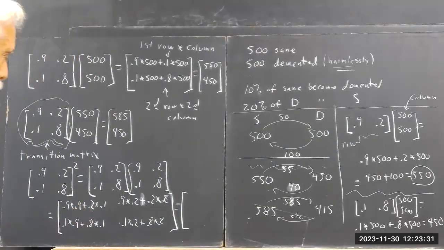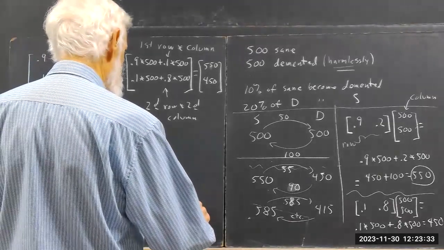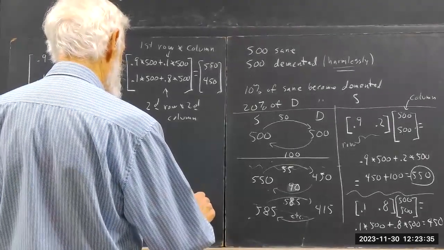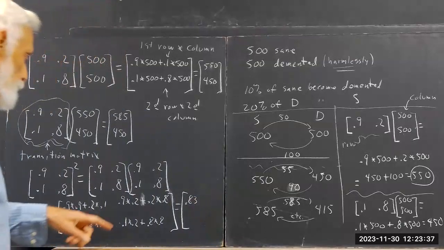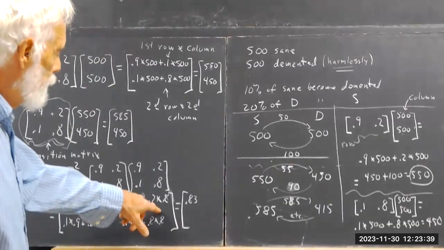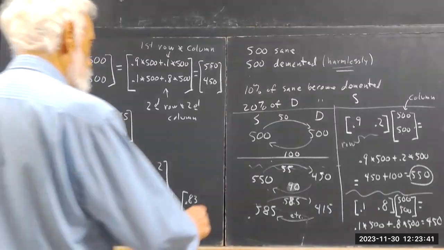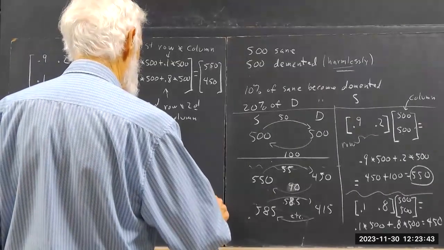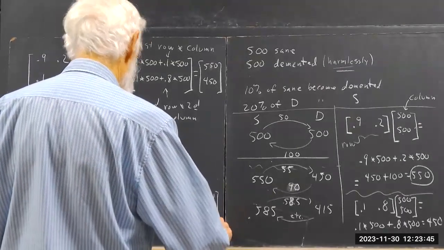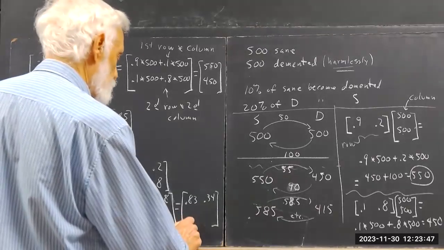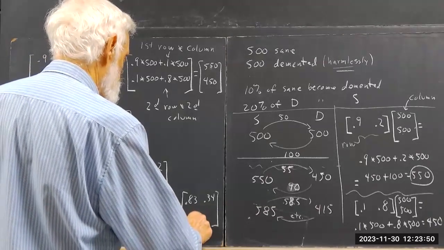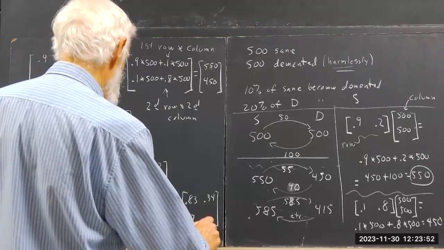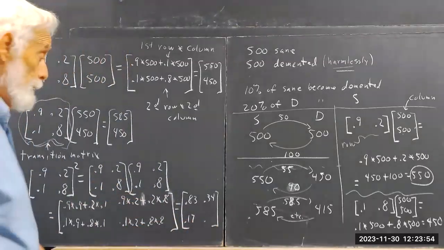And we do the arithmetic. That's 0.81 and 0.02, so this is 0.83. This is 0.18 and 0.16, which is 0.34. This turns out to be 0.17. You can do the arithmetic yourself, and you should be able to do it in your head because it's only single digit numbers.